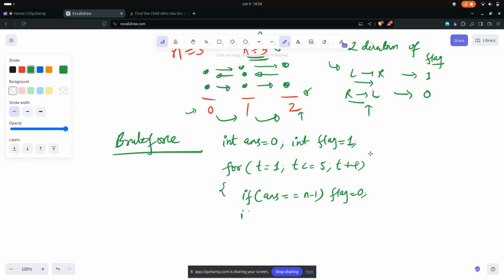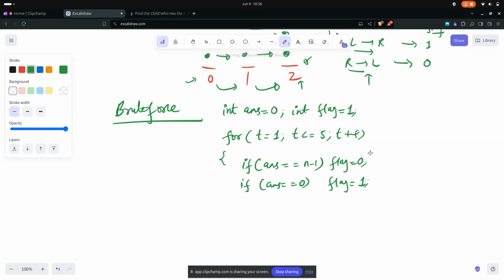And if the index of the current child is 0, then the direction of passing will be left to right, so we'll set the flag to 1. Now obviously there will be two cases: if flag, and else if not flag. How will we determine the index of the child?